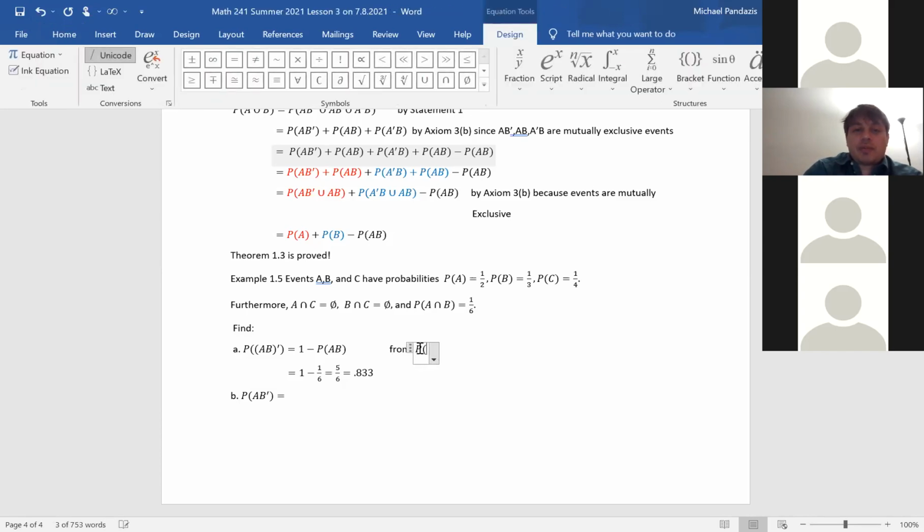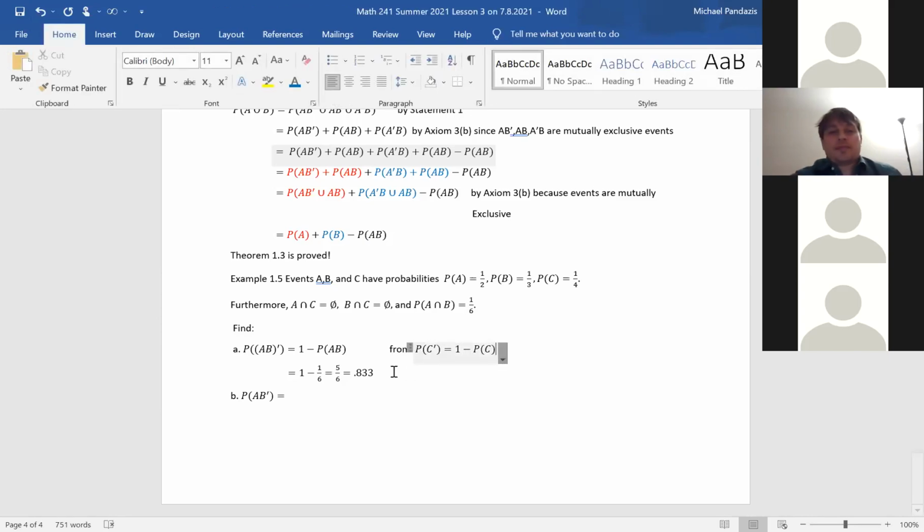We said earlier that the probability of an event C prime, the complement of C, is equal to 1 minus P of C. Remember that? So AB is used in place of C. P of AB in parentheses prime is equal to 1 minus P of AB. Does that make sense?